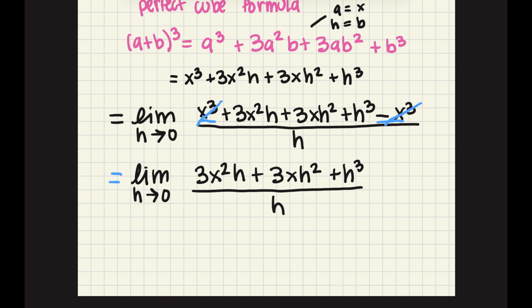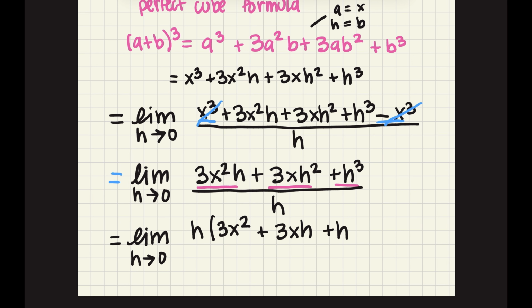Yes, that looks good. So now you see what's something that these three right here have in common. They all have an h, right? So we can pull an h out, and what we'll get from that is the limit as h approaches 0, h times 3x squared plus 3x h plus h squared, over h, right?